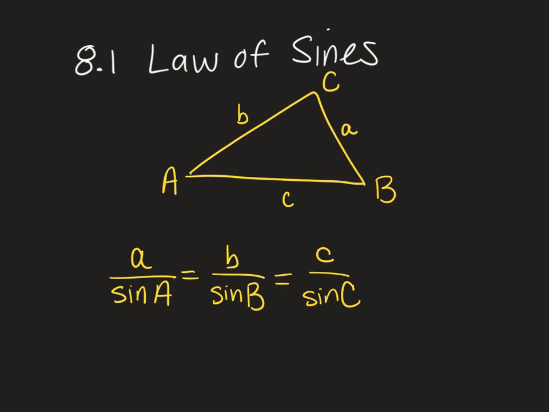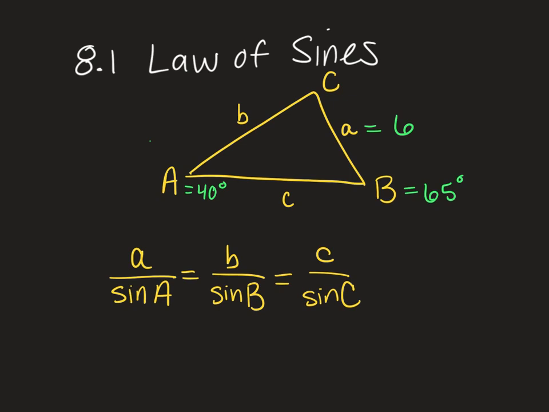Okay, so, for example, let's say that we know angle A is equal to 40 degrees. And let's say angle B is 65. And let's say that side a is equal to 6. So that's the information we're given.